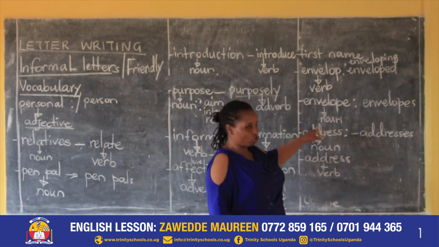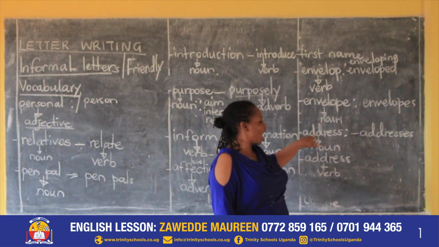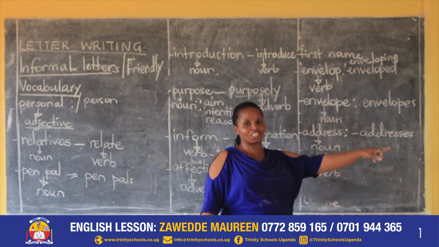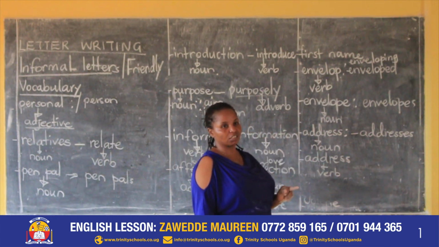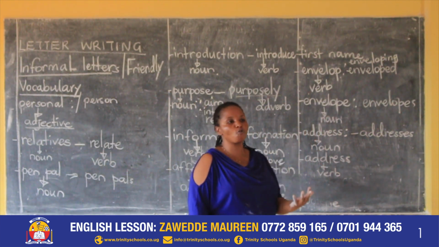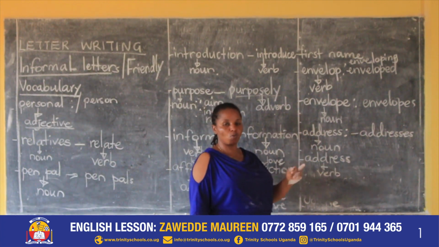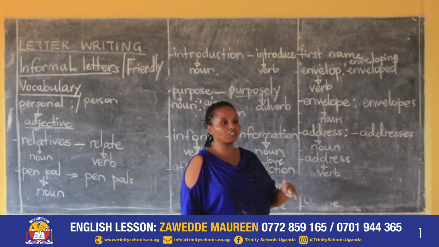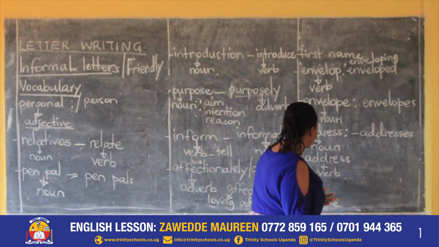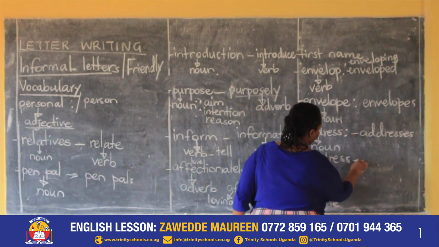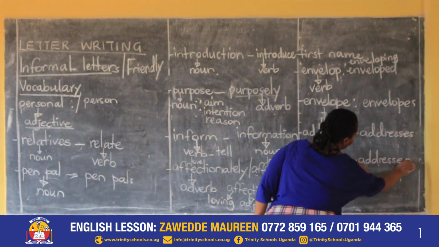This one is address. Even the pronunciations are different. This one is address. So to address is to write. You are now writing information about where someone works or lives, such that letters or parcels can be delivered. So since this one is a verb, it also goes into this family.